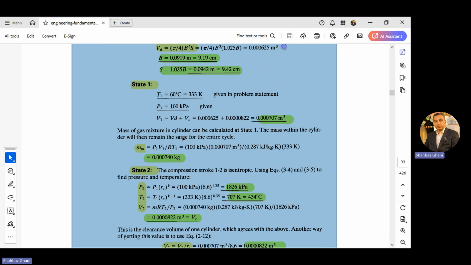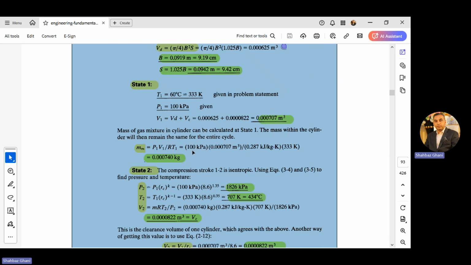Now, the mass of mixture at point 1. The mass of gas mixture in the cylinder can be calculated at state 1. The mass within the cylinder will then remain the same for the entire cycle. We are taking this assumption because we are using a standard Otto cycle. Mass of mixture is equal to P1 V1 over RT.